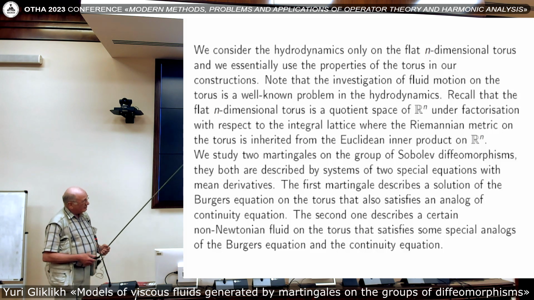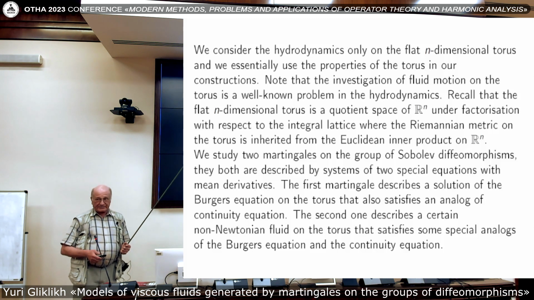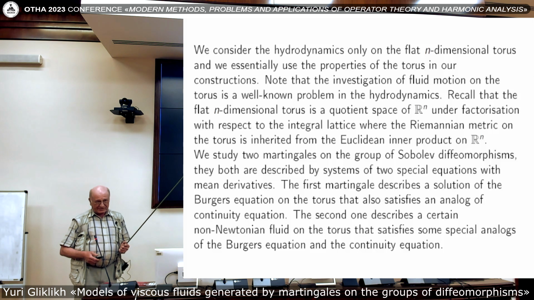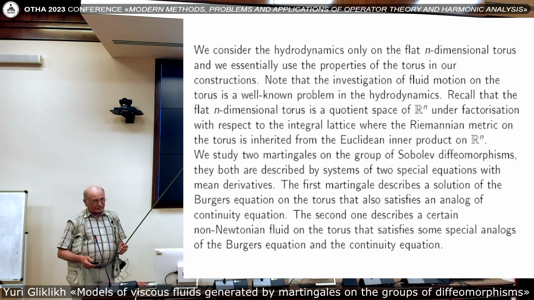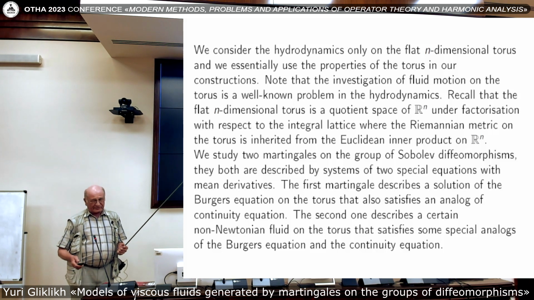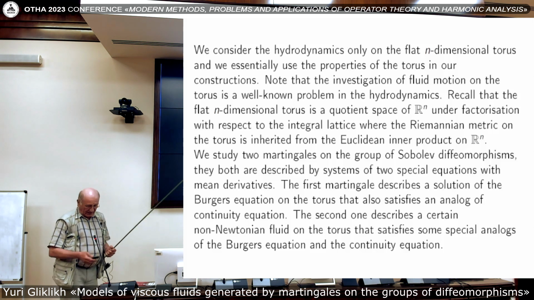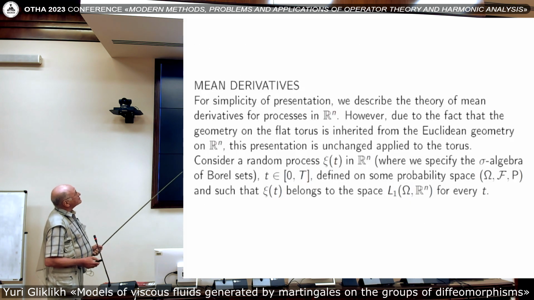But we have found that if we replace their covariant derivatives on those groups by the so-called backward mean derivatives, then we obtain something very close to that for ideal fluids, but for viscous fluids.